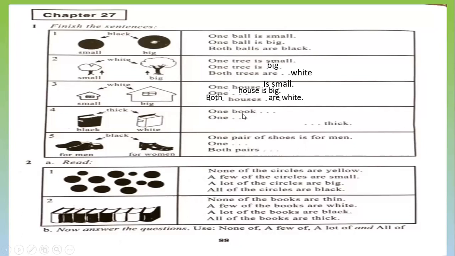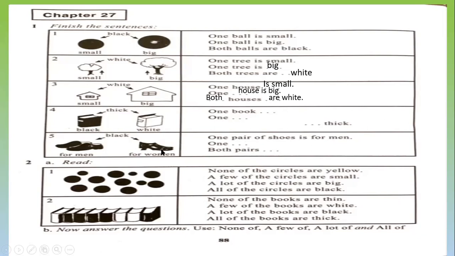One book is black. One book is white. These blanks you have to write by your own. Here is the word black, here is the word white, and you write here one book is black, one book is white. Both books are thick.